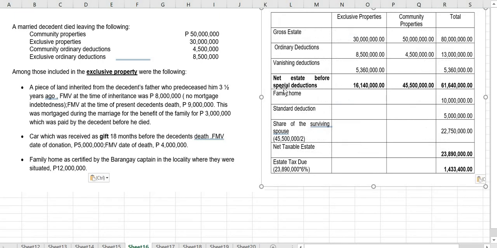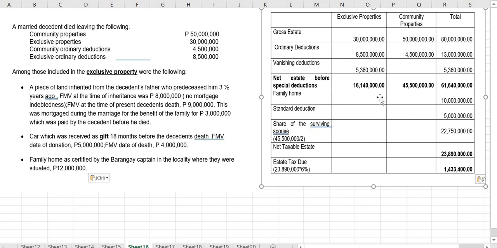So your net taxable estate before special deduction, you have 16,140,000 for exclusive property and 45.5 million for community property. So you have 61,640,000. Okay? And then you'll deduct the family home, 10 million. Since it is part of the exclusive property, you do not divide it by 2. If it is part of the community or conjugal property, that's where you divide by 2 before comparing it to 10 million.